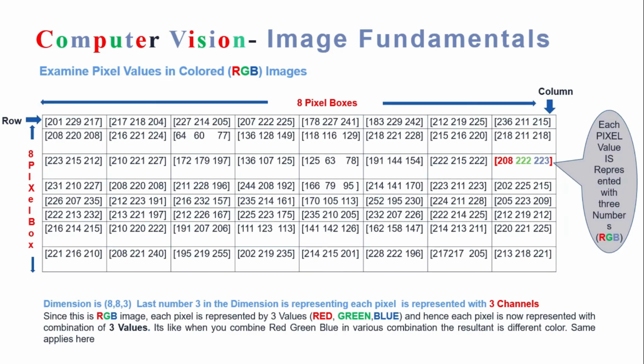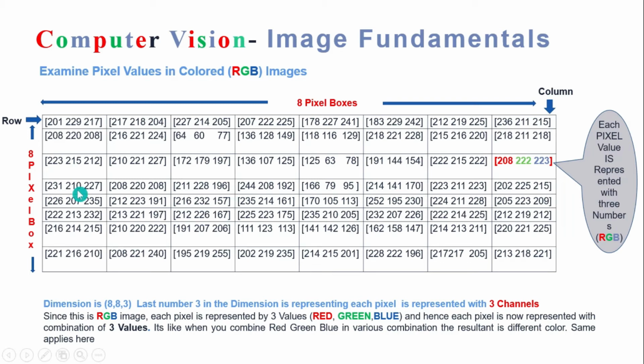This is the output. Observe that this matrix also has 8 rows, 1, 2, 3, 4, 5, 6, 7, 8, and 8 columns, 1, 2, 3, 4, 5, 6, 7, 8, because the image was also 8 by 8, right?